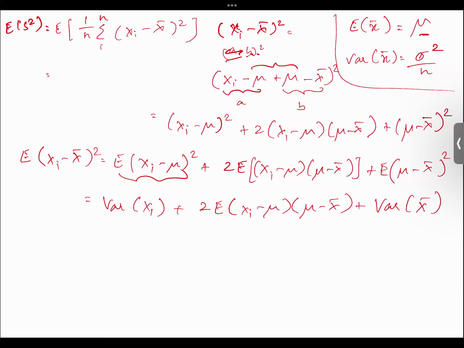So this was variance of xi because this is xi minus mu, and this is variance of x bar. Now, variance of xi, we know it is sigma square. And this term stays.